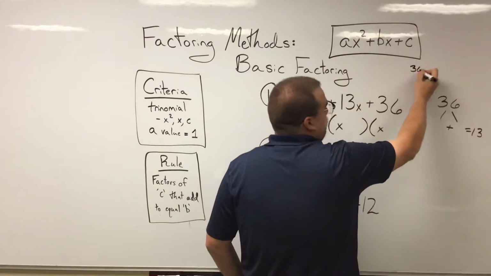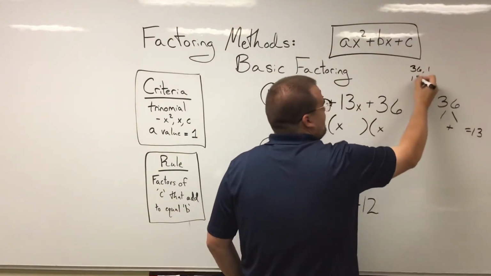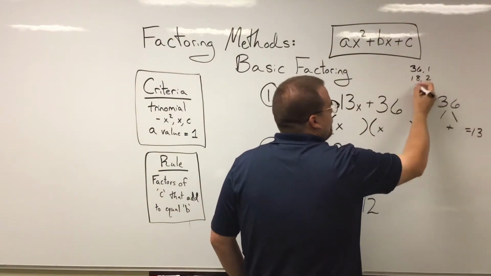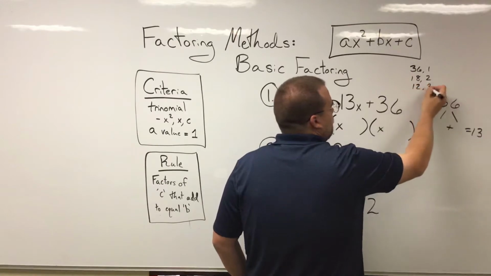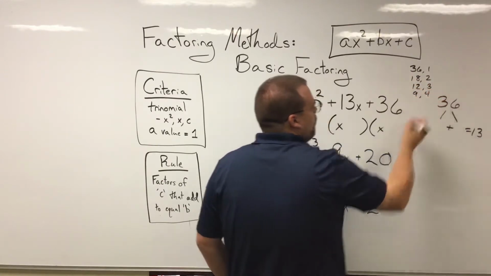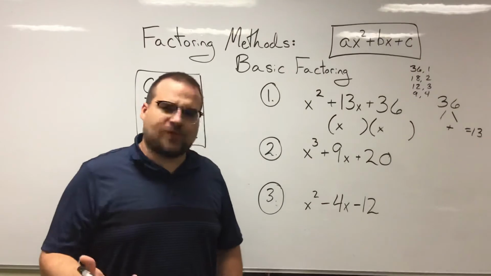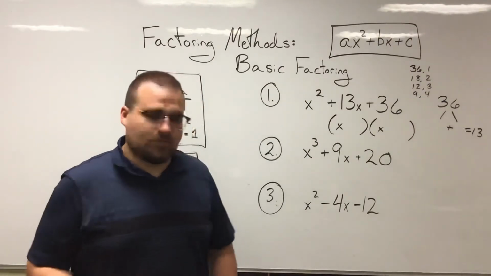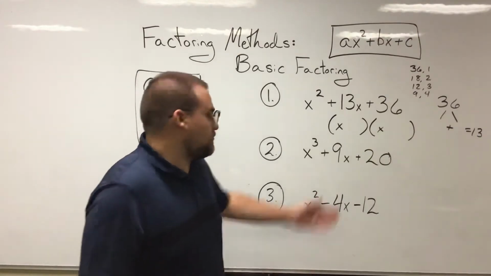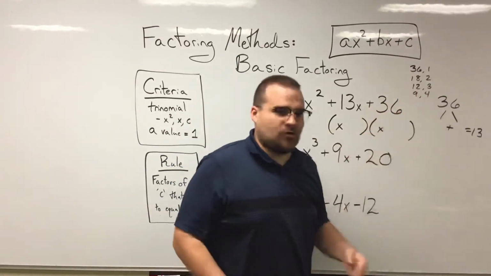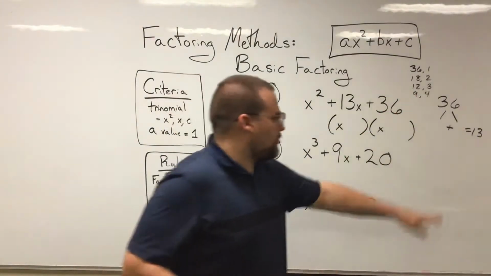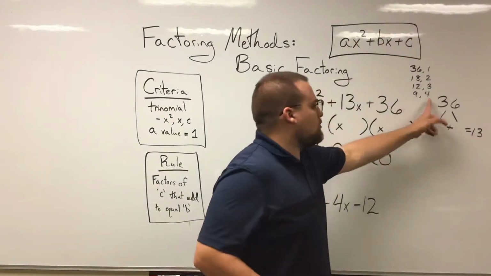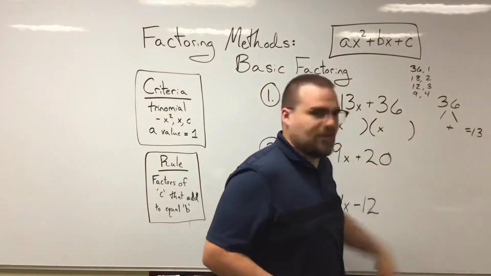So let's think. Factors of 36. We have 36 and 1. We have 18 and 2. We have 12 and 3, 9 and 4. Which one of those would add up to 13? Exactly, 9 and 4. When you add those 2 factors together, you get 13. When you multiply these 2 numbers together, you get 36.